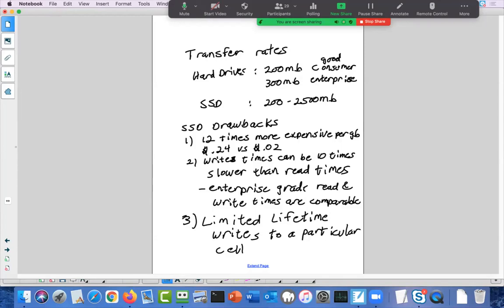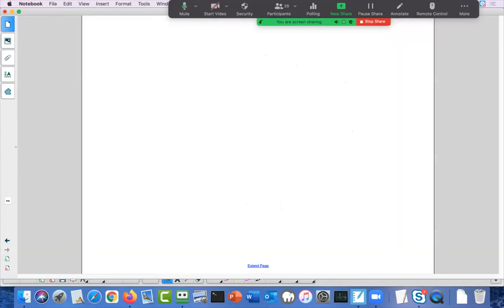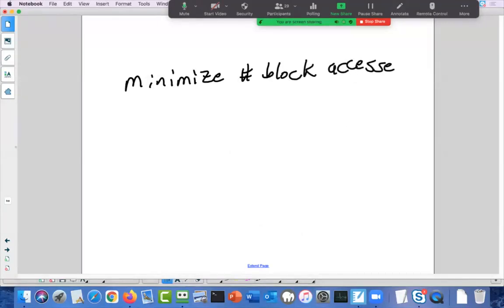So the gold standard, our goal, is to minimize the number of block accesses. And we'll often pay a considerable number of in-memory instructions to minimize the number of block accesses.